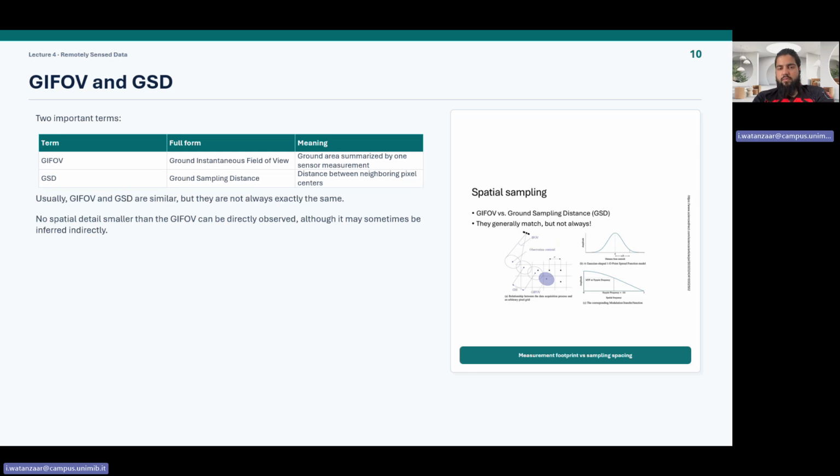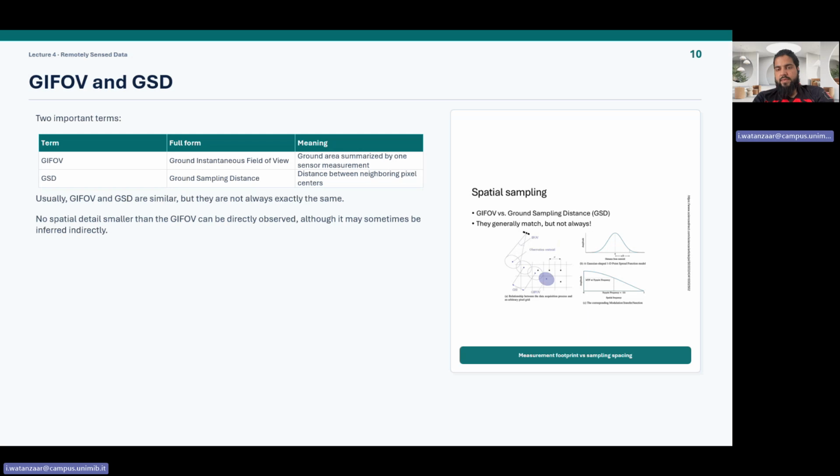No spatial details smaller than the GIFOV can be directly observed. That's an important aspect, because the GIFOV is the ground instantaneous field, the minimal view the sensor can observe. Details smaller than the GIFOV cannot be directly observed, so there is a chance we lose spatial information smaller than the GIFOV size.